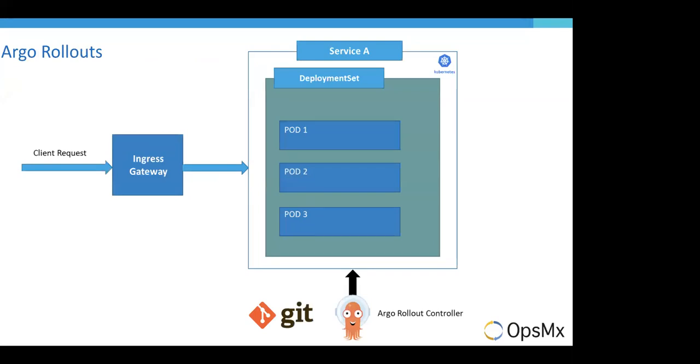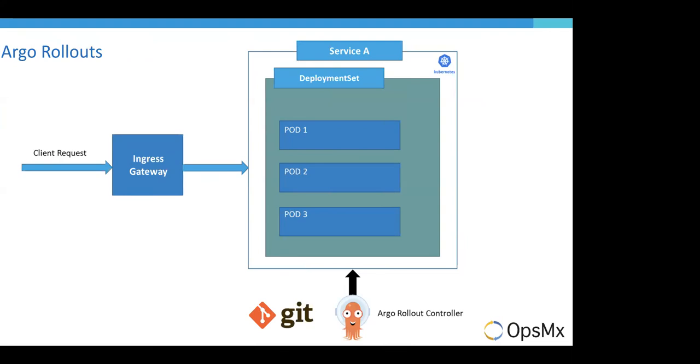So let's take a simple example. Generally, an application receives a request for processing. Typically, an ingress gateway would receive the request before routing it to the application. Argo provides a CRD called Rollouts.